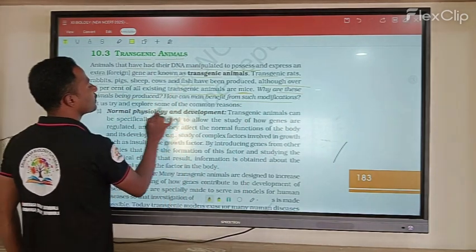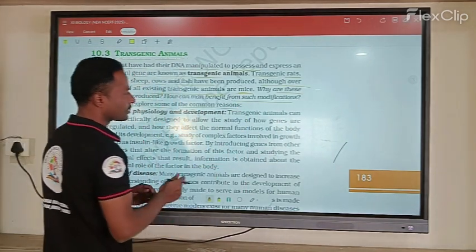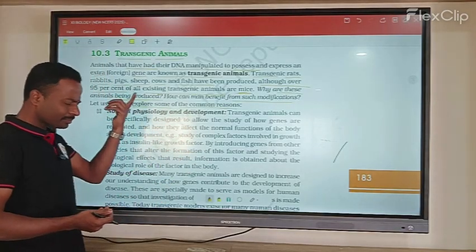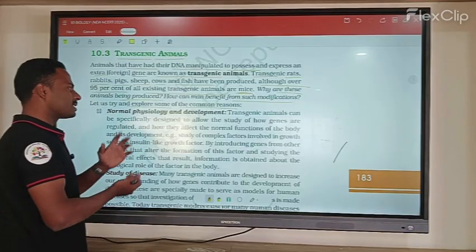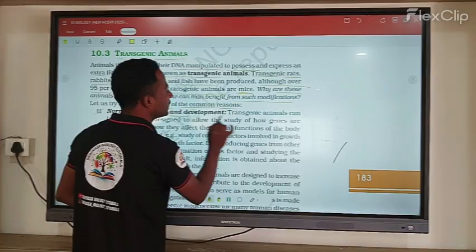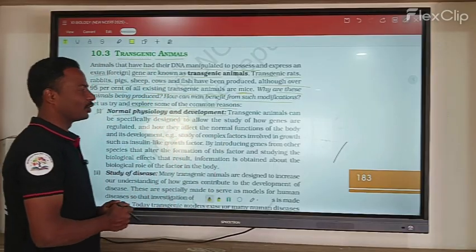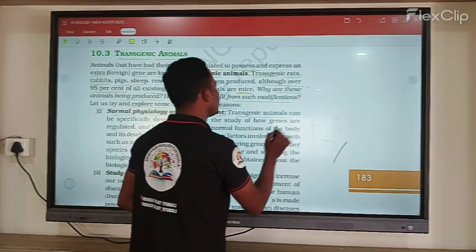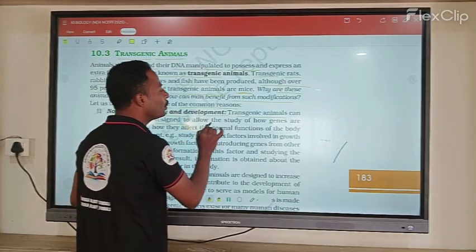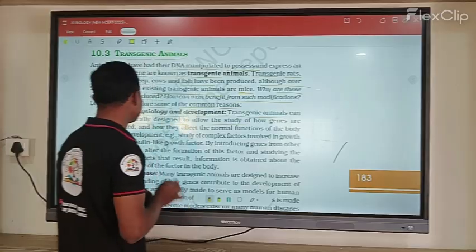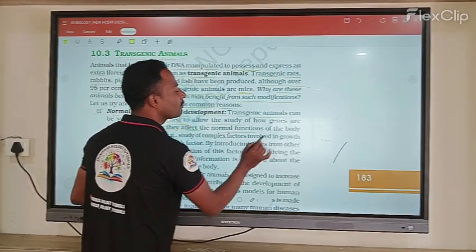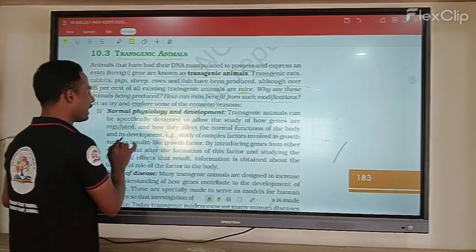Let's explain some common reasons why they are mostly used. Let's see them one by one. The first one is normal physiology and development. Transgenic animals can be specifically designed to allow the study of how genes are regulated and how they affect the normal functions of the body and its development.